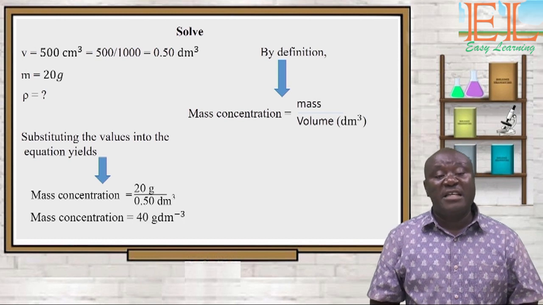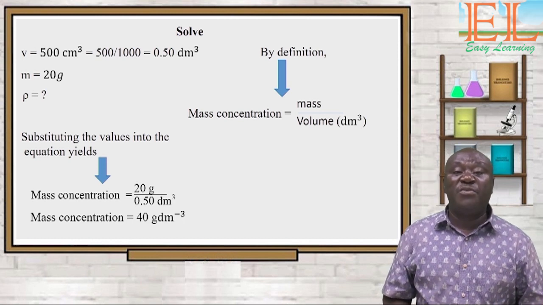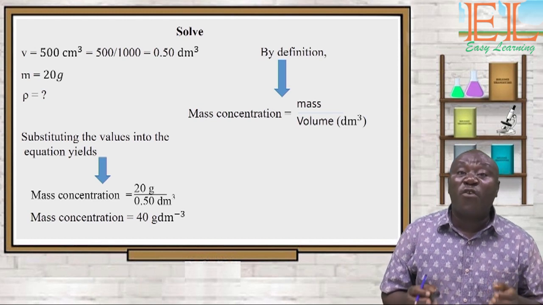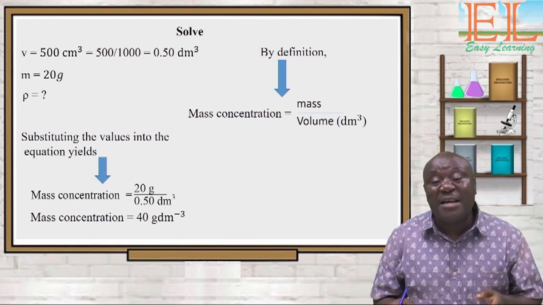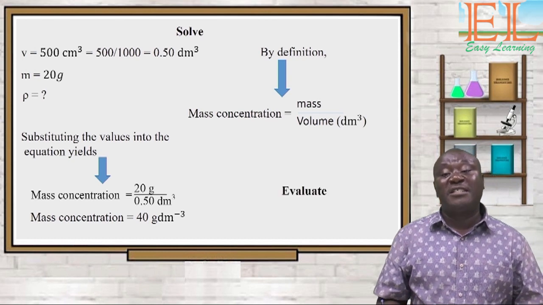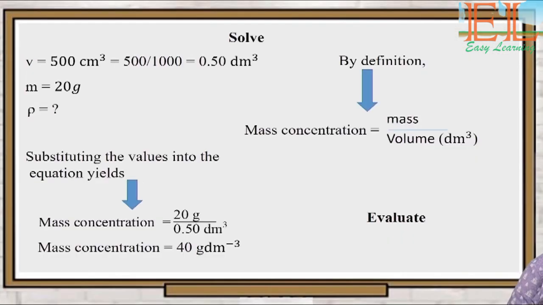And it will give us our final answer to be mass concentration is equal to 40 grams per dm cube. Then, as usual, you evaluate your work to see whether the unit that you gave the answer is correct. Remember, omission of unit attracts penalty, and wrong unit also attracts penalty.